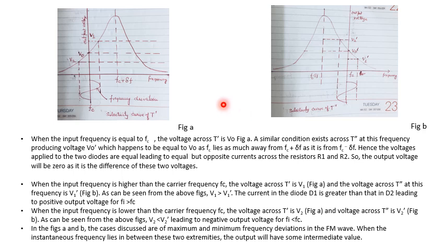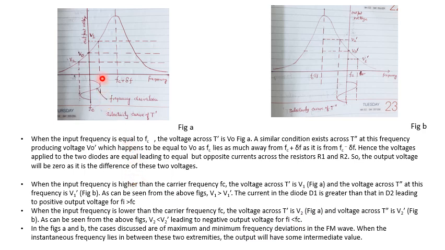So when the incoming frequency is Fc, the voltage is 0. When Fi is greater than Fc, the output voltage is positive. When Fi is smaller than Fc, the output voltage is negative.